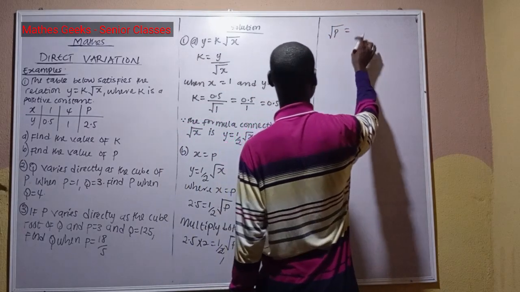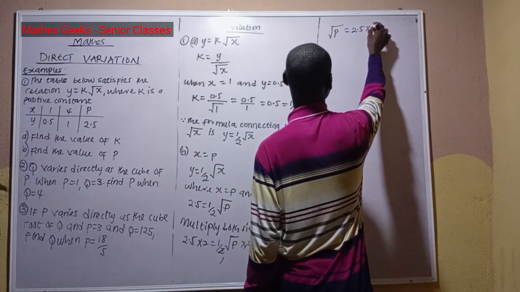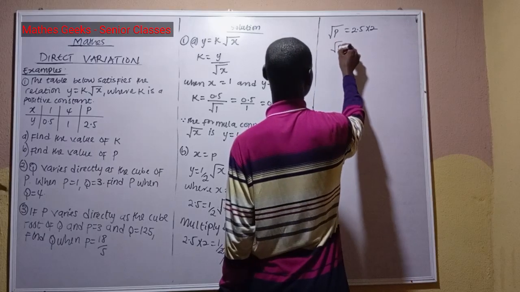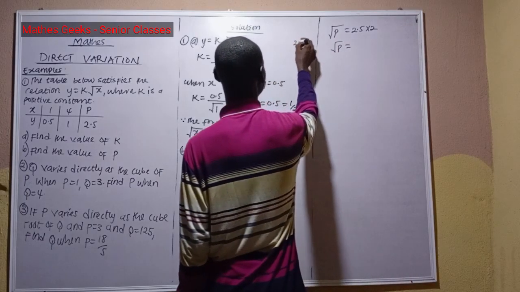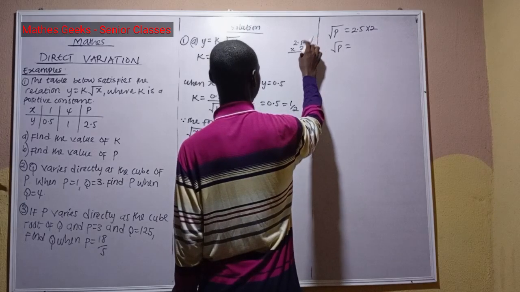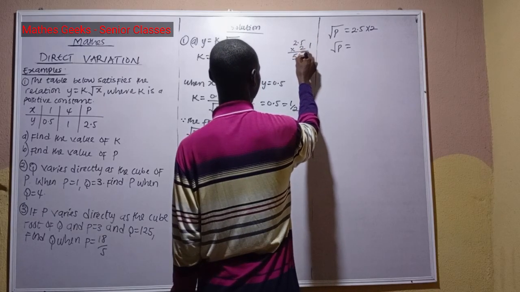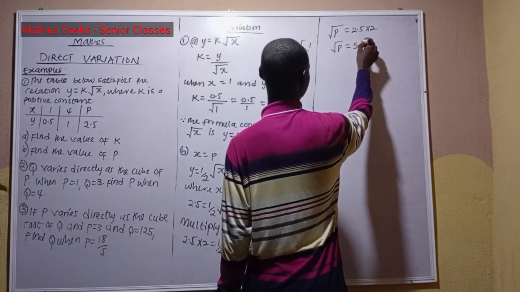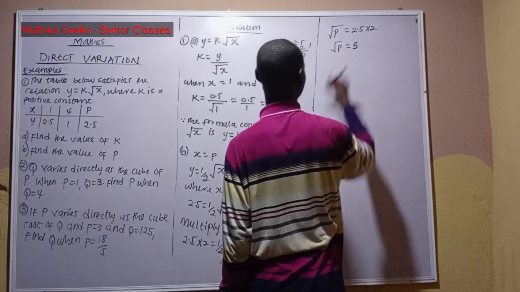Root p is equal to 2.5 times 2. 2 times 5 is 10, carry on; 2 times 2 plus 1 is 5. That's 5.0, which is 5.